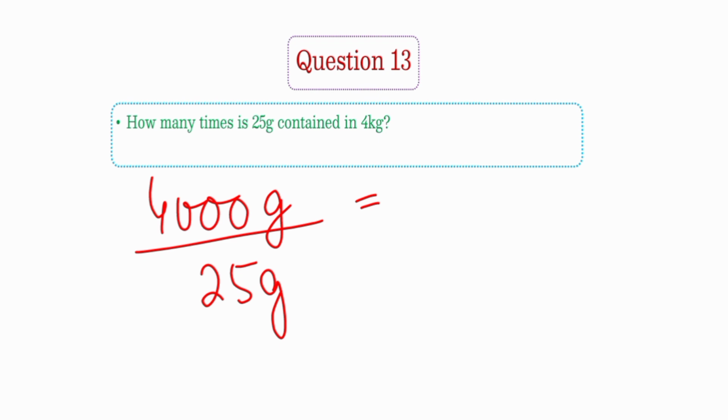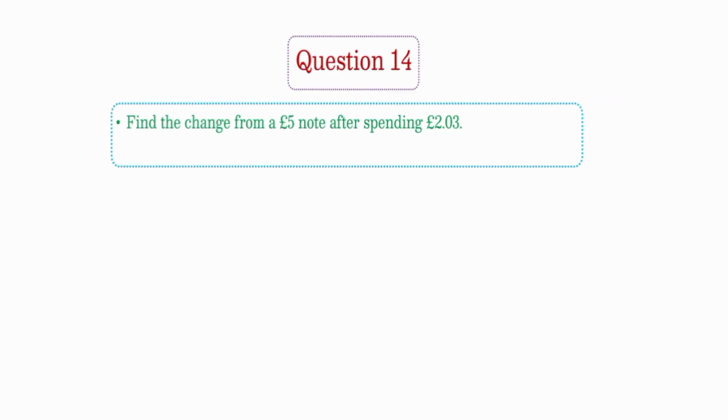If we divide 4,000 by 25, we get 160. So we can put 25 grams 160 times in 4 kilograms. Hope that was easy. Let's move on to the next question. Question number 14.